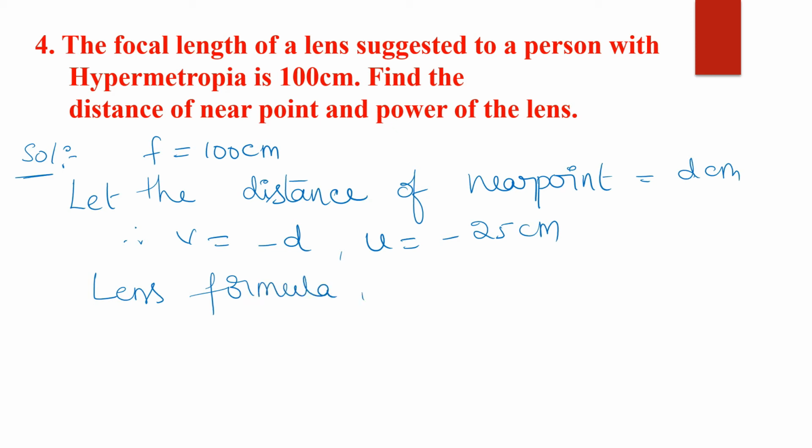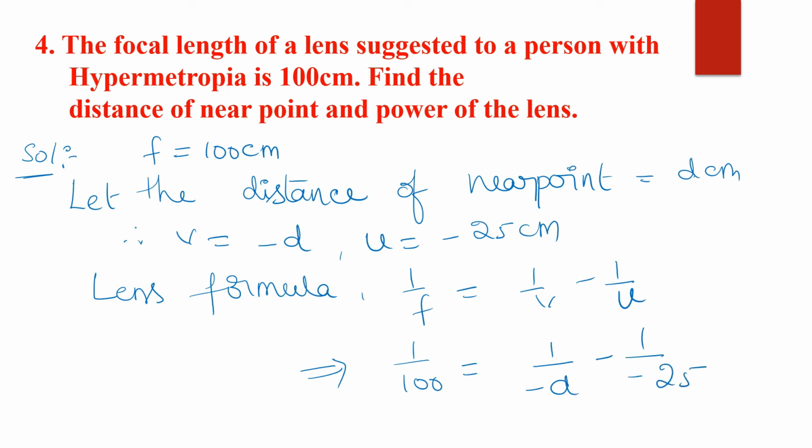So, from the lens formula, 1 by f is equal to 1 by v minus 1 by u. Substituting f, u, v values in this: 1 by 100 is equal to 1 by v, nothing but minus d, minus 1 by u, that is minus 25.